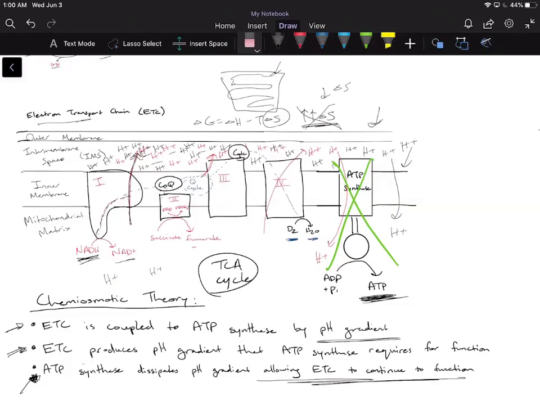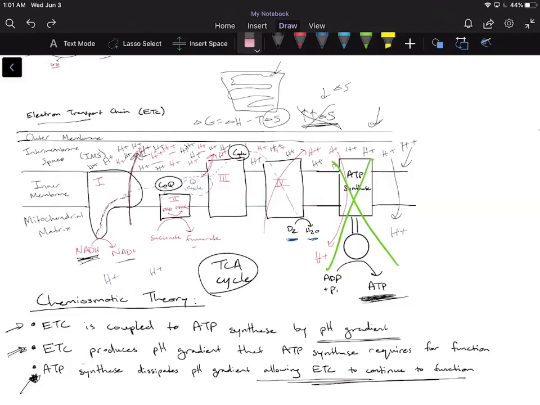Again, we're going to take the energy from those electrons and pass them through the complexes. By doing this, we're going to create a current, and we're going to use that current, or the battery, to pump protons from the mitochondrial matrix into the inner membrane space, which is unfavorable, but because we're passing those electrons, it's going to power that process and have a negative delta G.